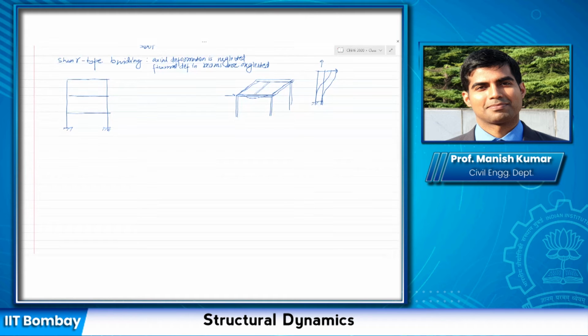If you look at it in general, any 2D system would have 3 degrees of freedom, right? Horizontal, vertical, and then rotation. This is a 2D system. Now if you have a frame, let us say a simple frame like this, for these types of frames, let us first reduce any kind of axial deformation.